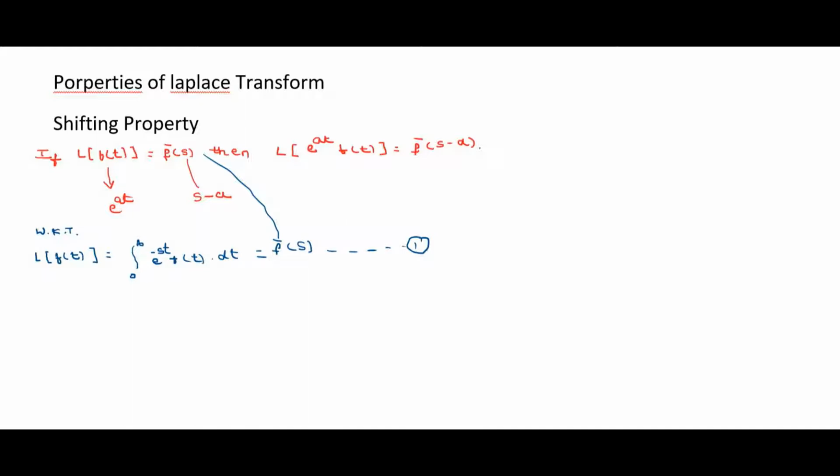Now in place of this f of t, just write e raised to at into f of t. So the Laplace transform of e raised to at into f of t is equal to integration 0 to infinity e raised to minus st, into e raised to at into f of t into dt.